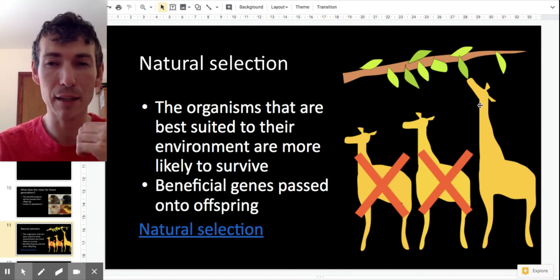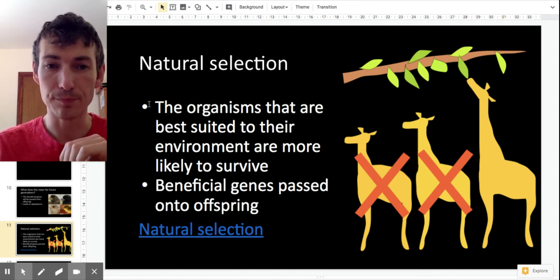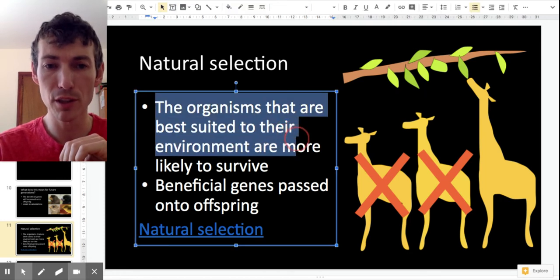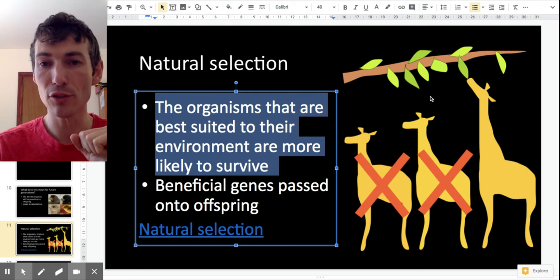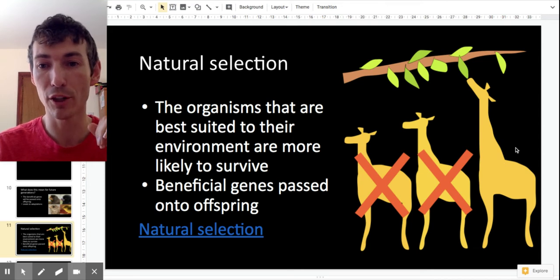It's got a nice adaptation for getting the leaves. But in terms of natural selection, this means that the organisms that are best suited to their environment are more likely to survive. So in terms of natural selection, the leaves are up high. That's the environment. And the giraffe best suited to its environment will also pass on its genes.